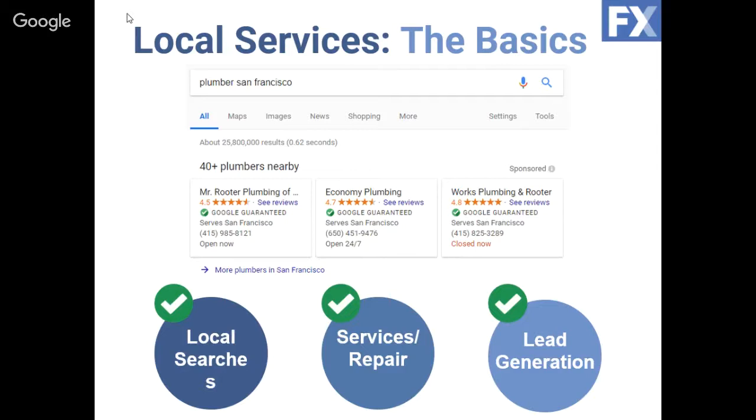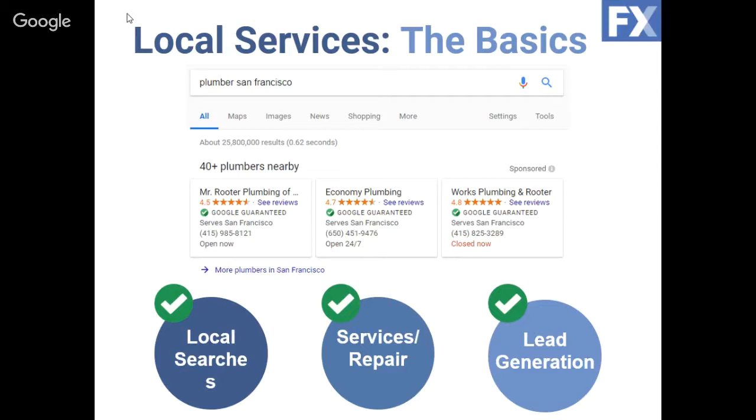A good example of that is that local service ads serves the garage door industry. If you search garage door repair, garage door maintenance, or garage door installation, local service ads will be present in the given market and will show up for those searches.